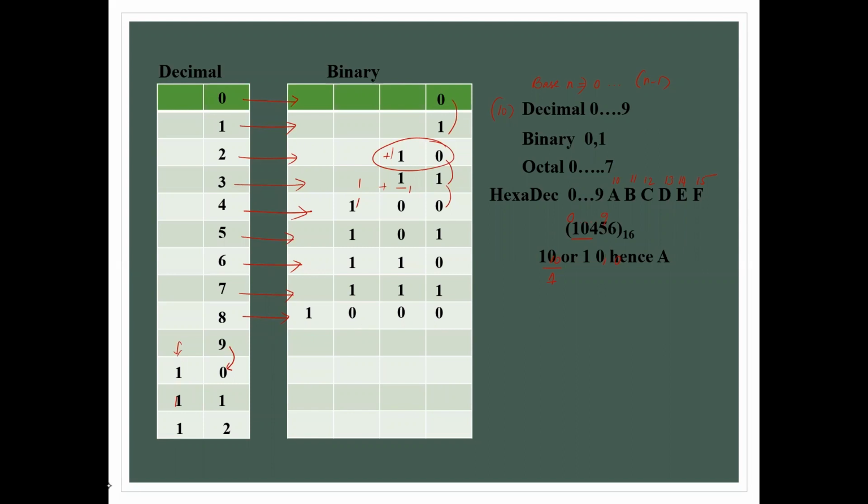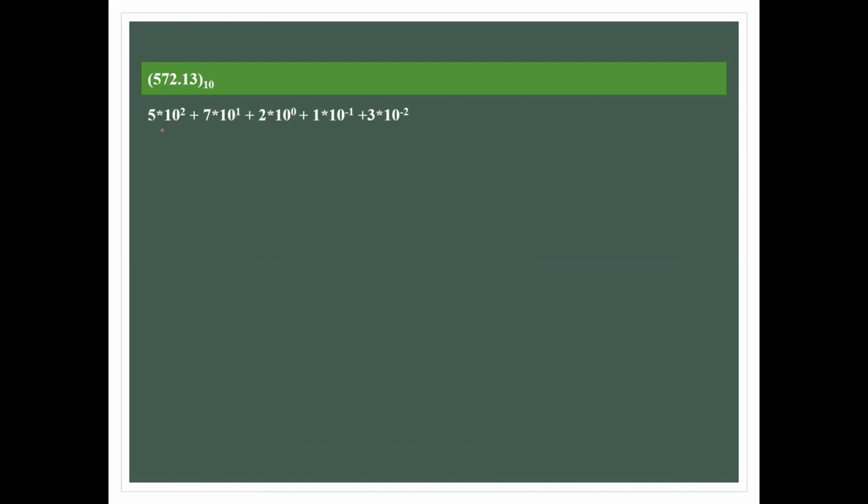Now, let us look into the basic conversions. First of all, when you have a number in decimal format, how do you generally write this number? We expand this number. We know that here this is the ones place, and this is the tens place, and the hundreds place.